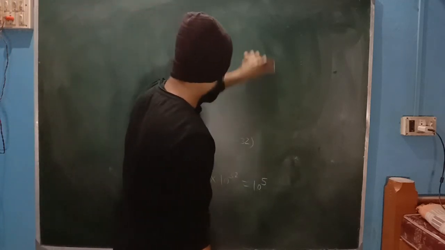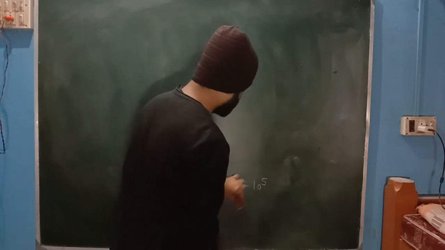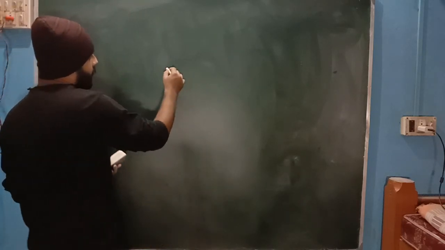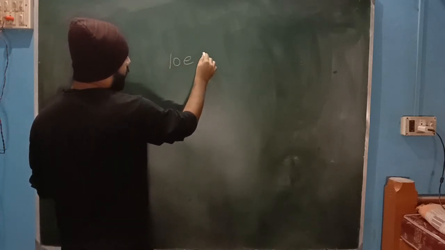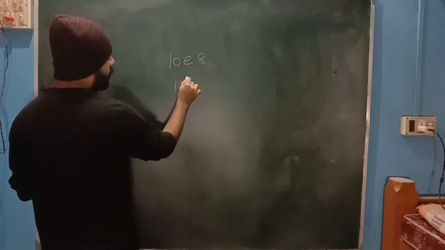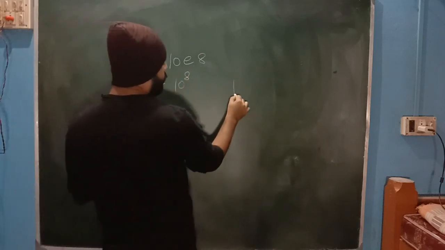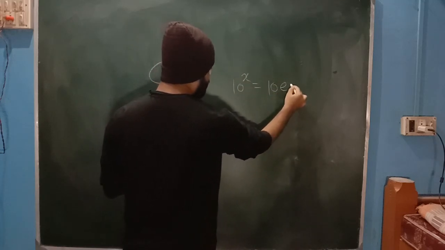Now there is another expression which the scientific community mostly uses for easy writing, which is E. So suppose I am going to write 10 to the power 8, that means 10e8. Or if I write 10 to the power x, that means it will be 10ex.